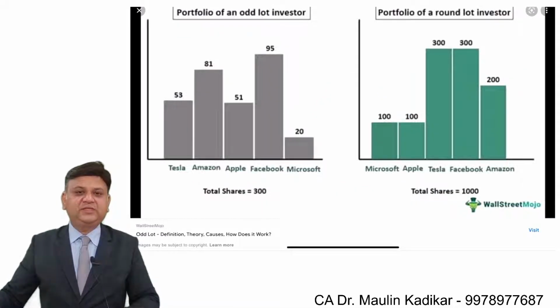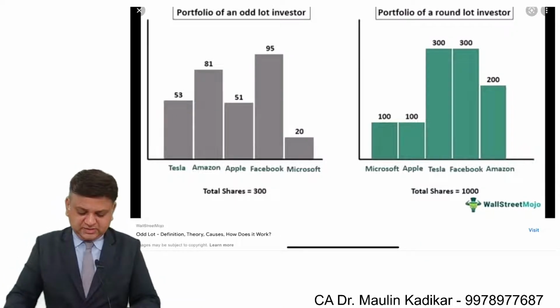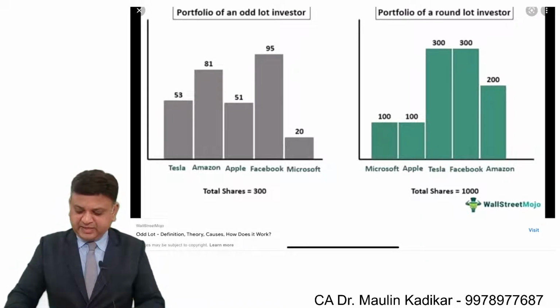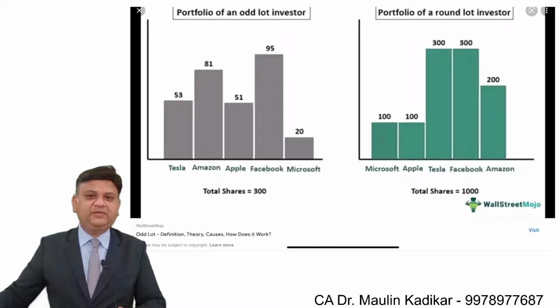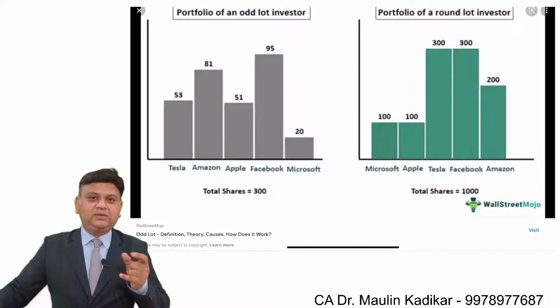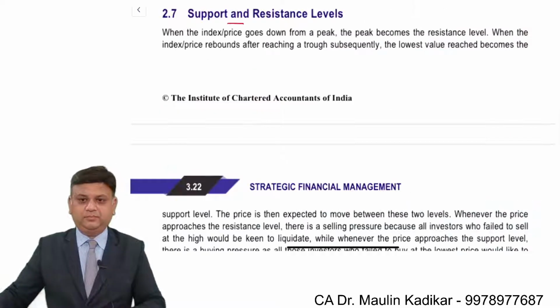You can see once again over here that the portfolio of an odd lot trader is like 53, 81, 51, 95, 20, and for a wise investor 100, 100, 300, 300, 200. So this is the number of shares, which is usually in multiples of 100.